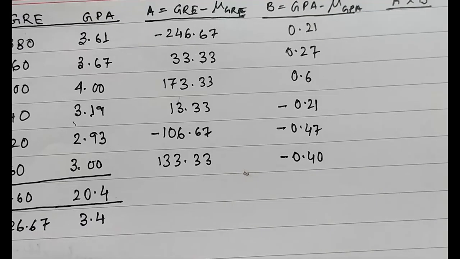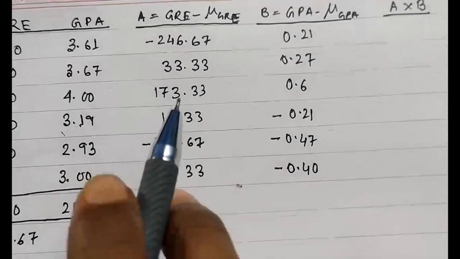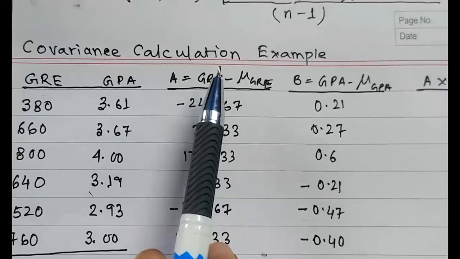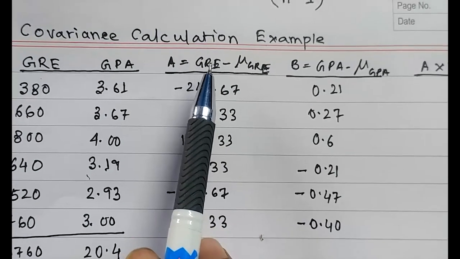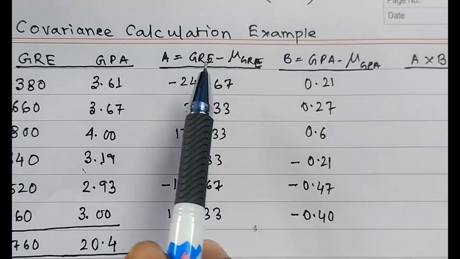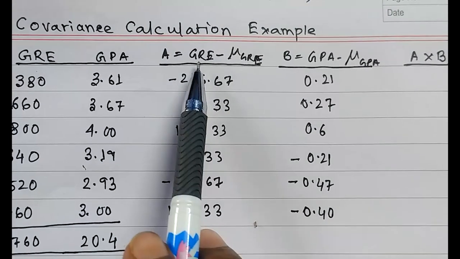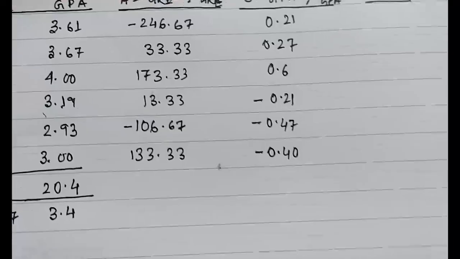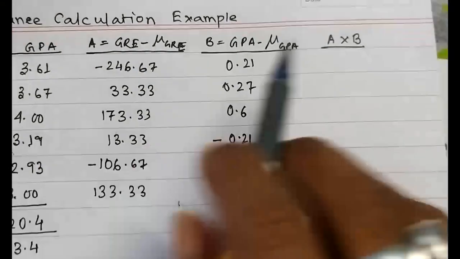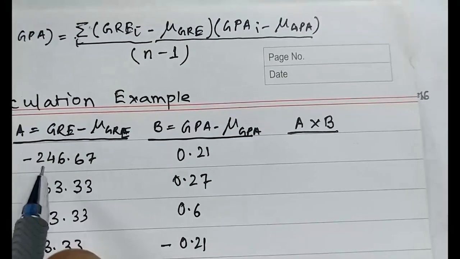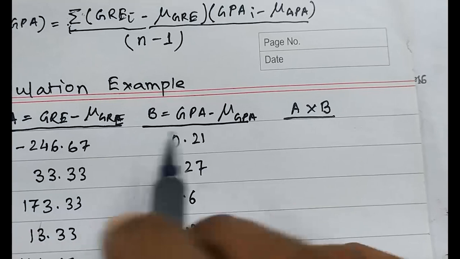Now finally the covariance will be the summation of this, GRE i minus mu GRE, into GPA i minus mu GPA. So A into B. I have to do A into B. So what is the value of minus 246.67 into 0.21?